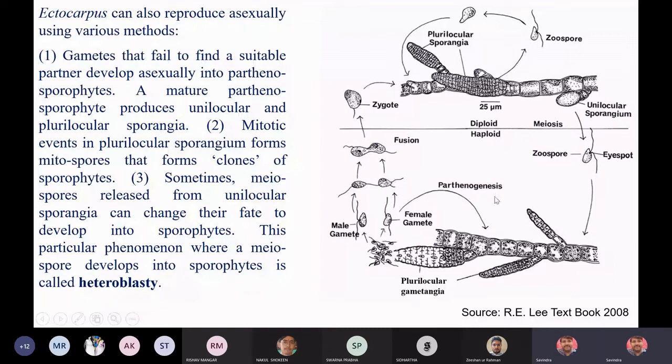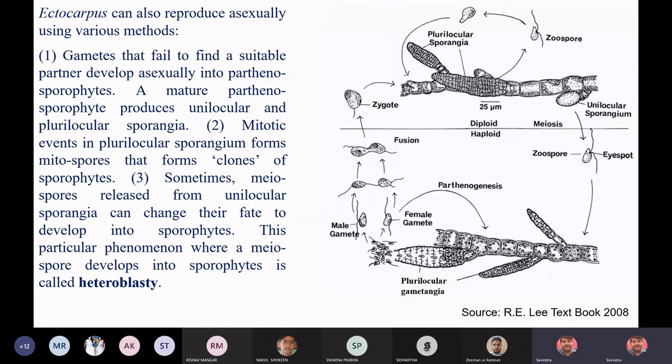In whatever other manner they are developing, whether in sporophyte or gametophyte, they are part of asexual reproduction. But asexual and sexual reproduction are entangled with each other. They are so badly mixed and matched in Ectocarpus that we cannot study asexual and sexual separately. We have to understand it along with the whole life cycle, which things are germinating asexually and which are germinating after sexual reproduction.